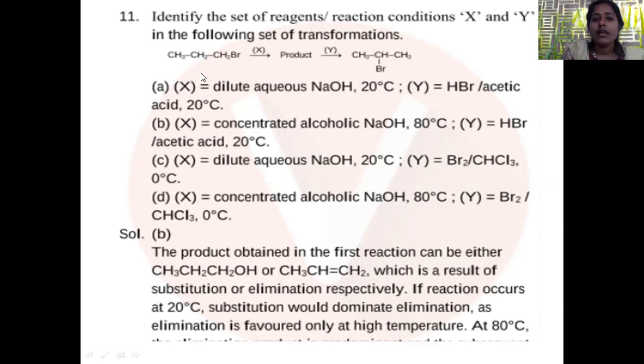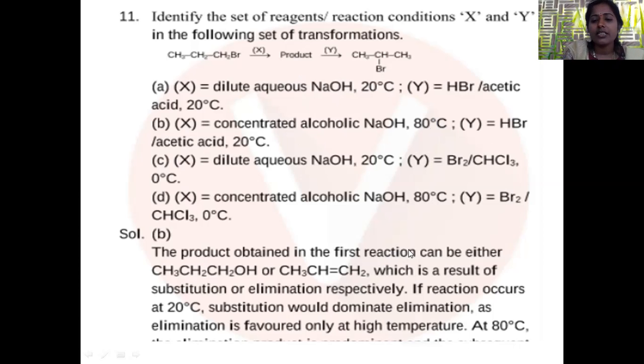That's why here the product will be an alkene. That alkene, when treated with HBr in the presence of acetic acid, follows Markovnikov's rule, and the bromo group is attached at the second carbon instead of the first, because the secondary carbocation is more stable. B will be the major reaction conditions to get this 2-bromopropane.